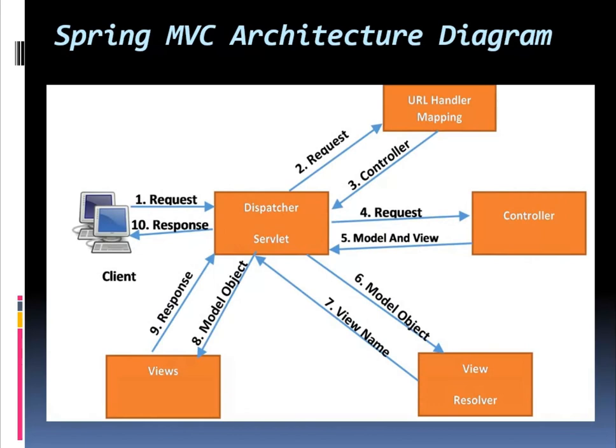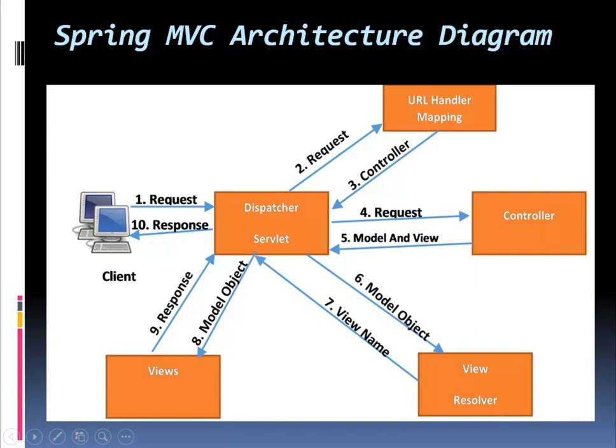So this is the architecture diagram of Spring. Here you can see first the request comes to the dispatcher servlet. In the Spring MVC framework, the dispatcher servlet, which is also called the front controller, is the main controller in the Spring MVC architecture. Then the user request goes from the dispatcher servlet to the URL handler mapping.